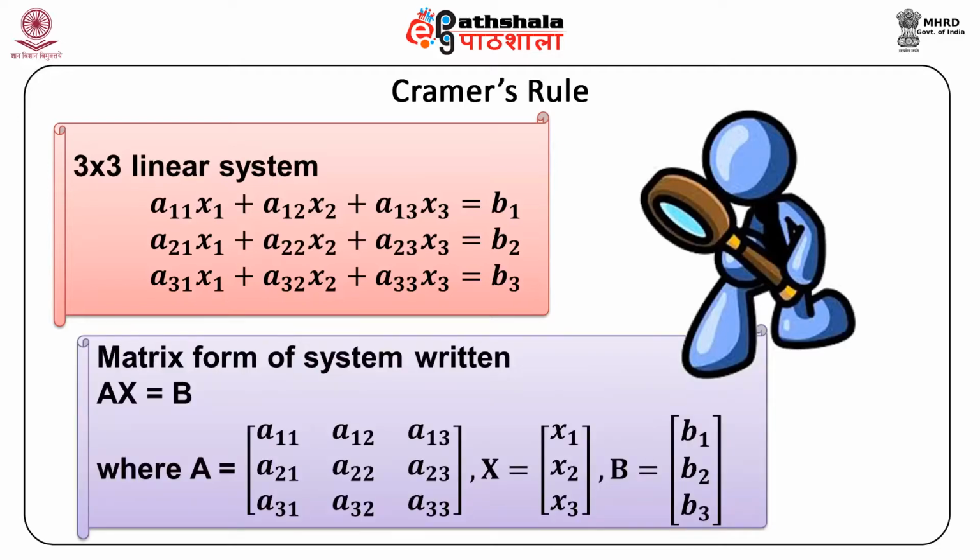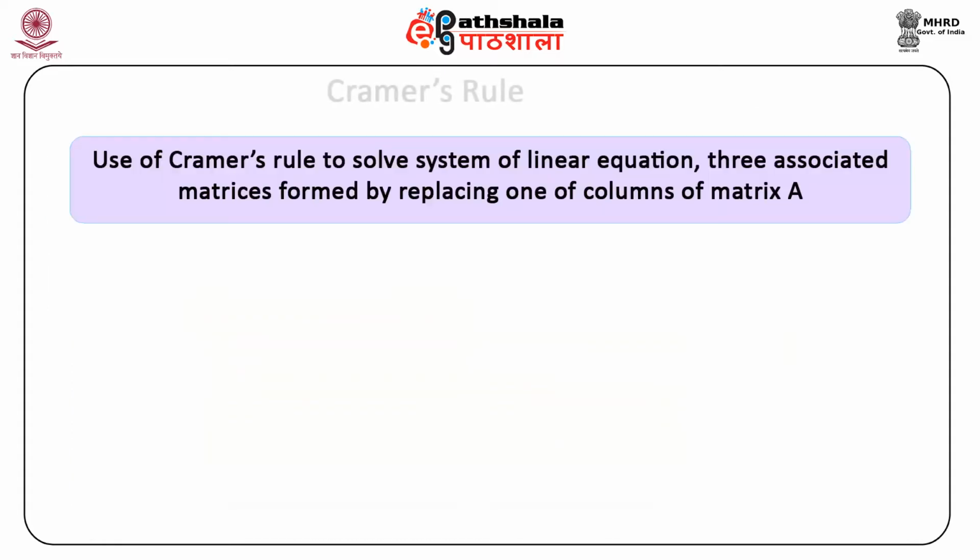The matrix form of this system can be written as AX = B, where A is the matrix with rows a11, a12, a13; a21, a22, a23; a31, a32, a33, X is x1, x2, x3, and B is b1, b2, b3.